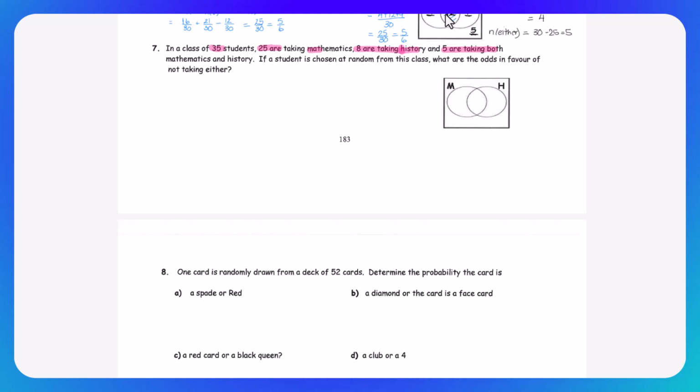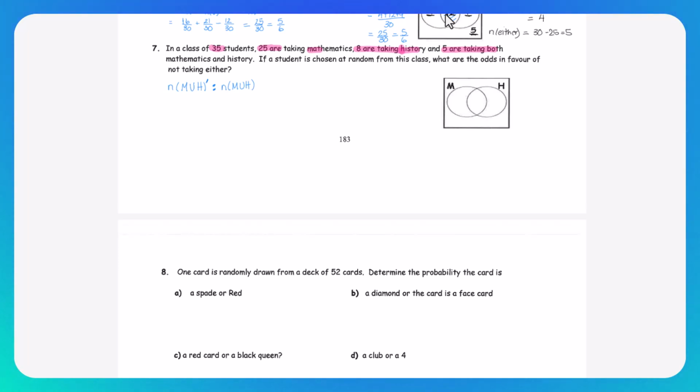In this case, in favor of not taking either, that's actually the number of students who are not taking M or H. So we're actually looking for the number in the complement of that, because we're going to compare that to the number who are taking M or H. So we are looking for these two numbers.